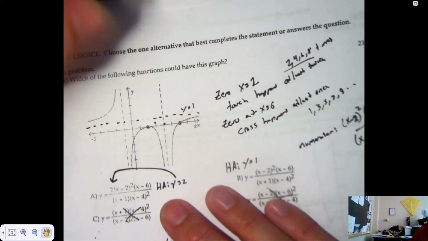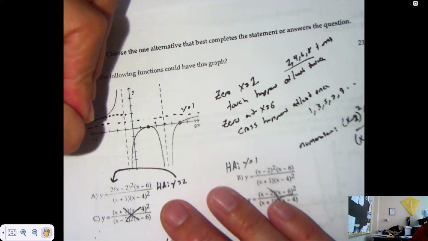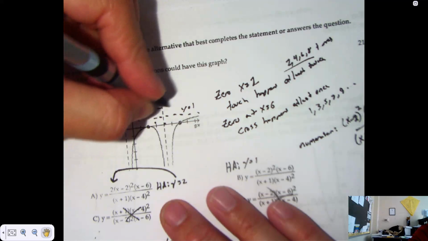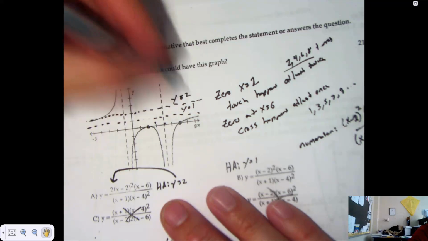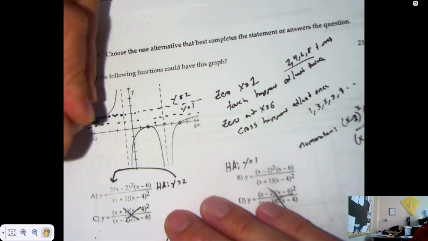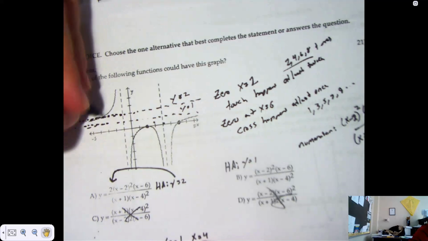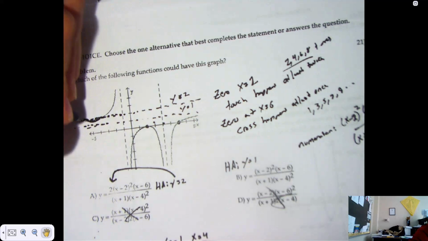Here's y equals 1. There's y equals 2. Kind of 50-50, isn't it? It's okay to cross a horizontal asymptote, isn't it? Only if it comes back up. It's B.